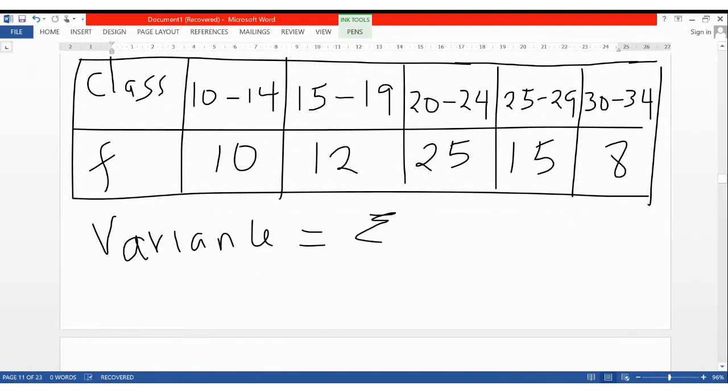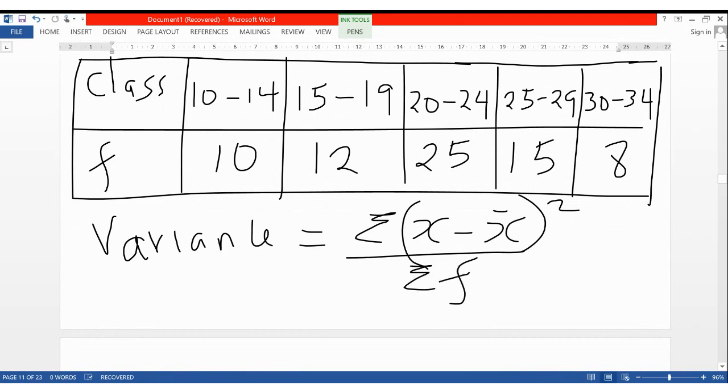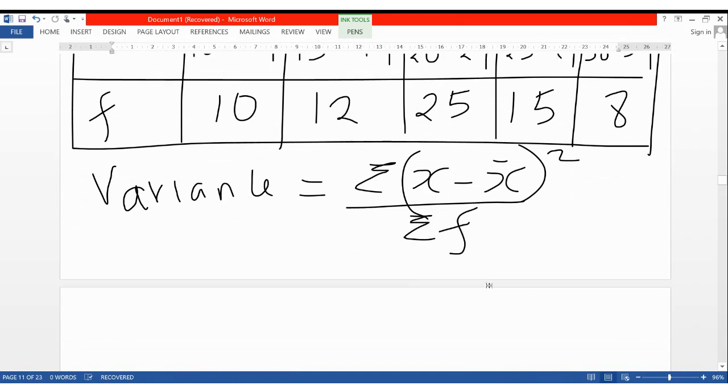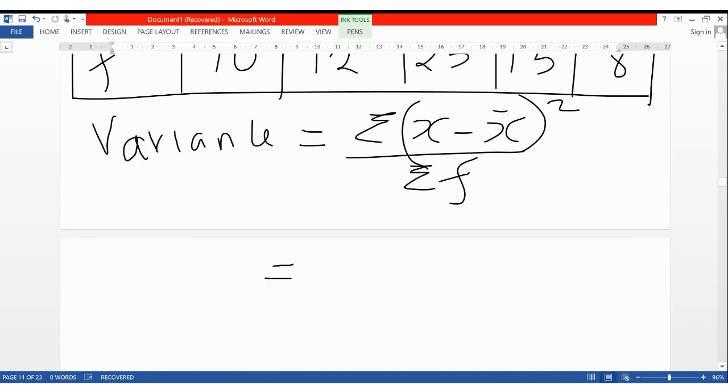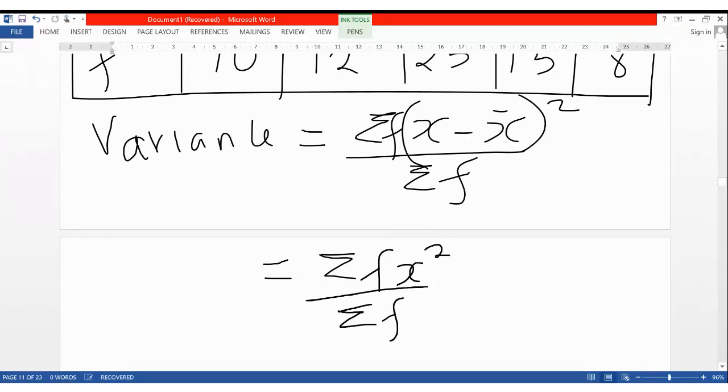If I expand this formula, I can have another formula, given by summation of fx squared all over summation f, minus x bar squared. If you expand that one, it will give you the same as the first one.